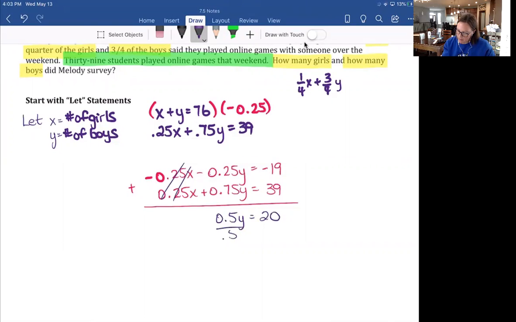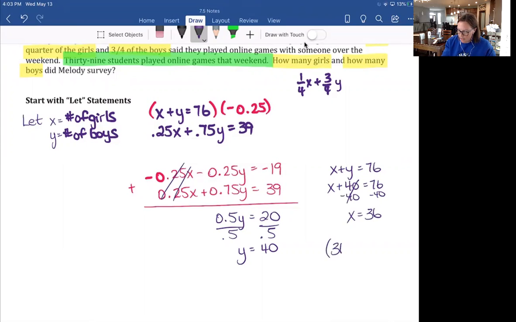Then I'm going to divide by 0.5, and y is going to be 40. So I take that, substitute it back into one of my equations. I'm going to go back to the easy one. So if x plus 40 is 76, we subtract 40 from both sides, x is going to be 36.